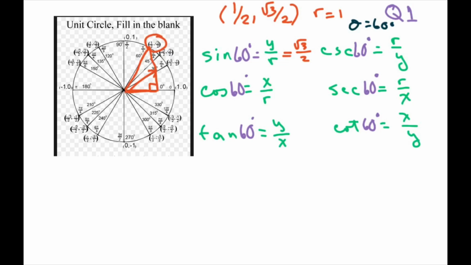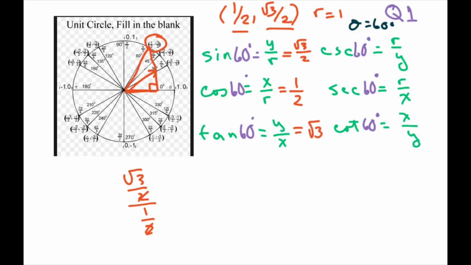You don't have to put the 1. Cosine of 60 is your x, which is 1/2. Then tangent, you divide these two: square root of 3 over 2 divided by 1/2. Cross those out, and you get square root of 3.